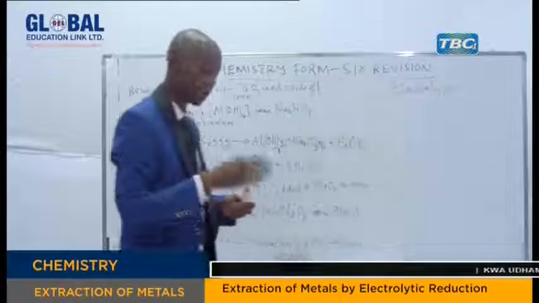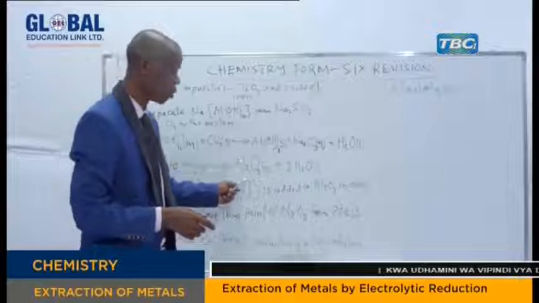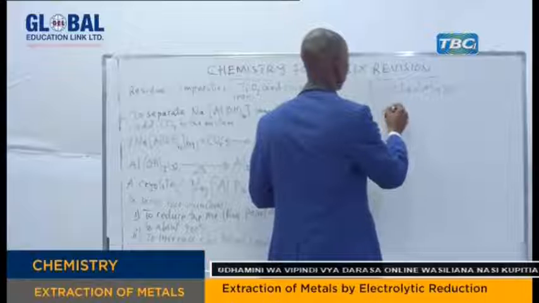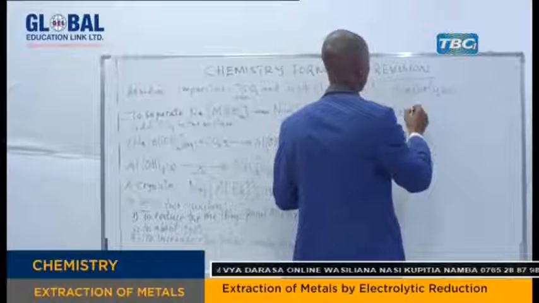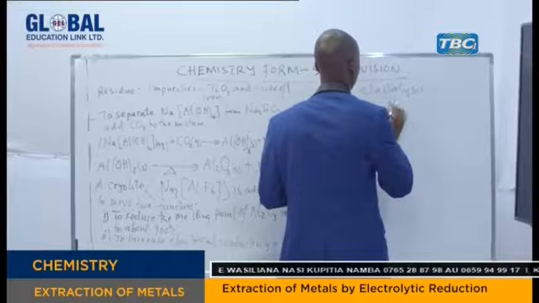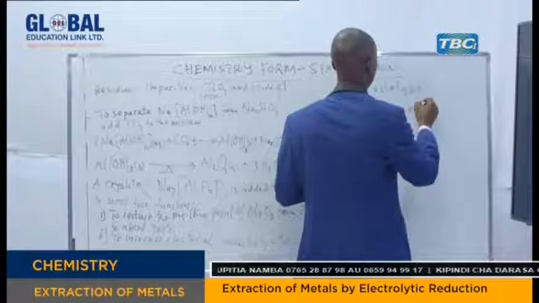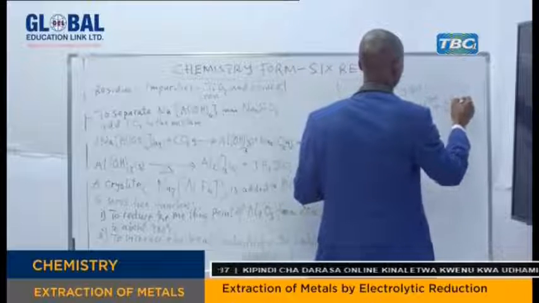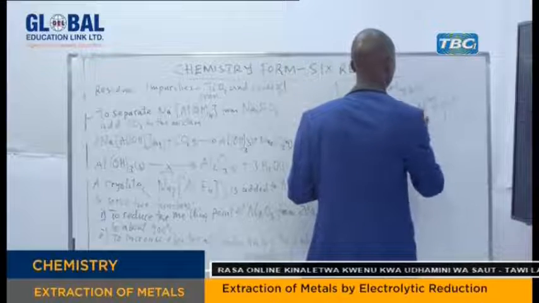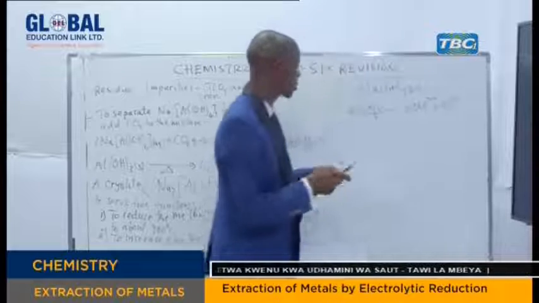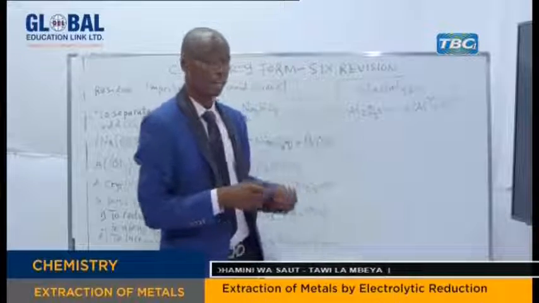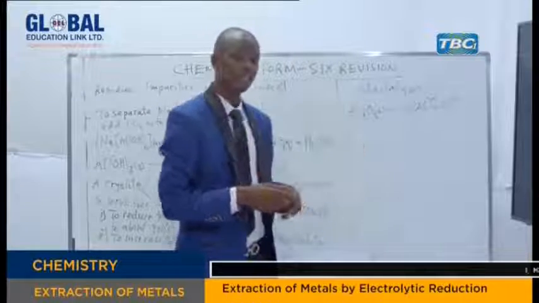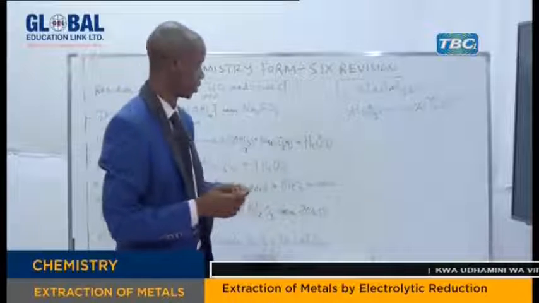In the electrolysis process, the electric current decomposes this compound, aluminium oxide. This will be as follows. So this compound will be decomposed by electric current to produce these ions. Now, if that is the case, what will be the electrode reactions?